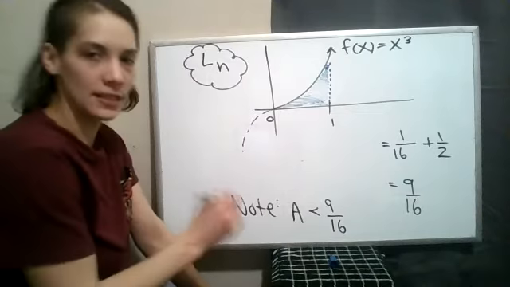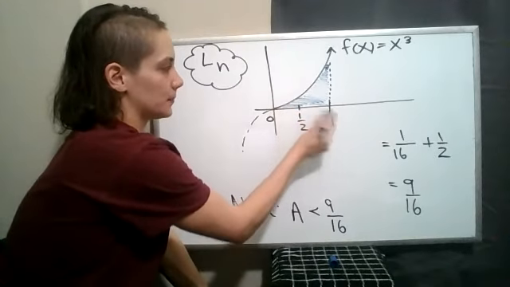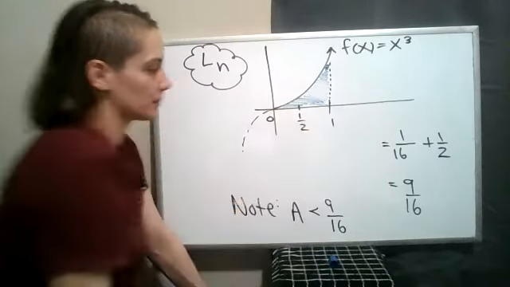So our delta x is still 1/2. Go from 0 to 1/2, and 1/2 to 1. For the left-hand endpoints, our first rectangle has height of f of 0, and the other rectangle has height of f of 1/2.